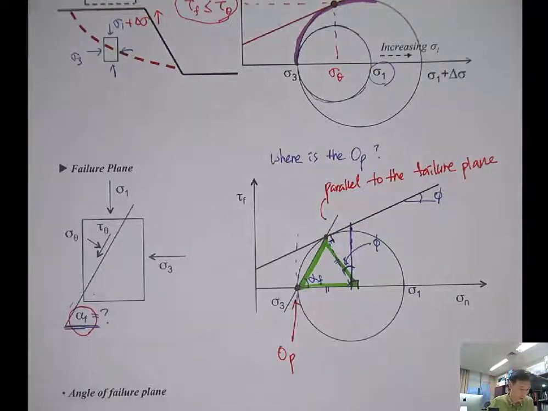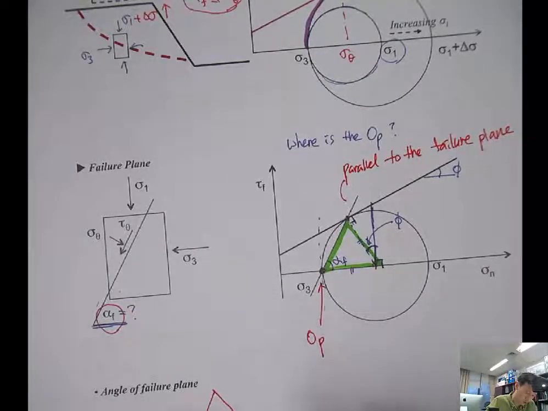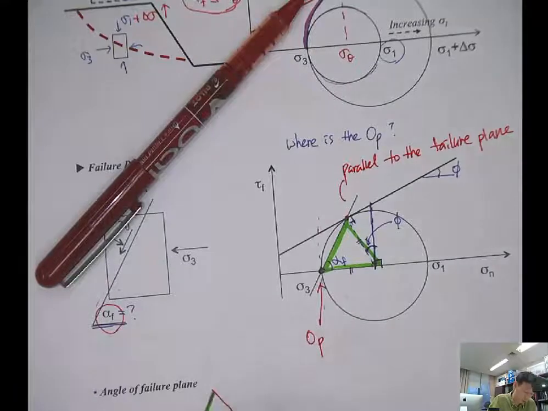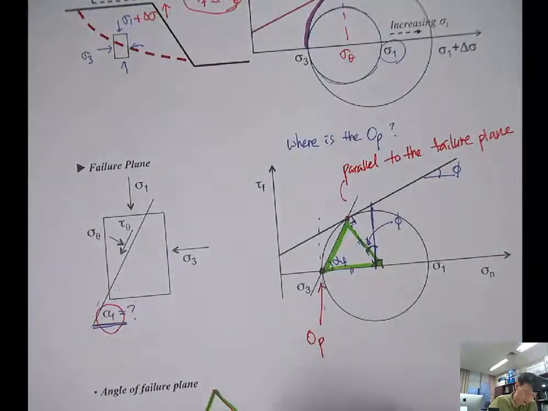So if we bring this triangle and zoom in, here's phi, so this will be 90 minus phi, and here is the alpha angle, alpha f.